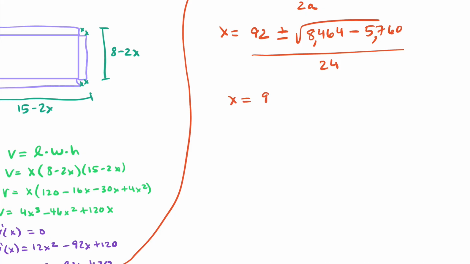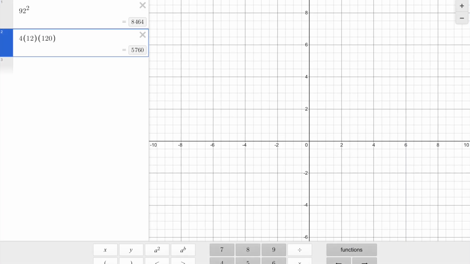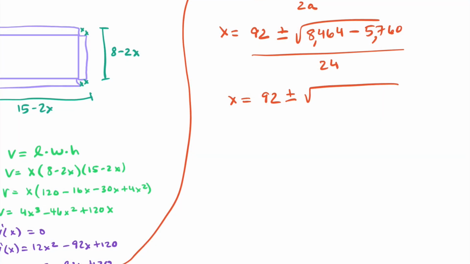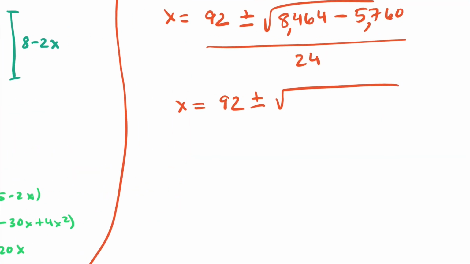Okay, x equals negative 92 plus or minus the square root of 8464 take away 5760. Ooh, it's exactly 52. So I bet this is pretty close to factorable. All over 24.